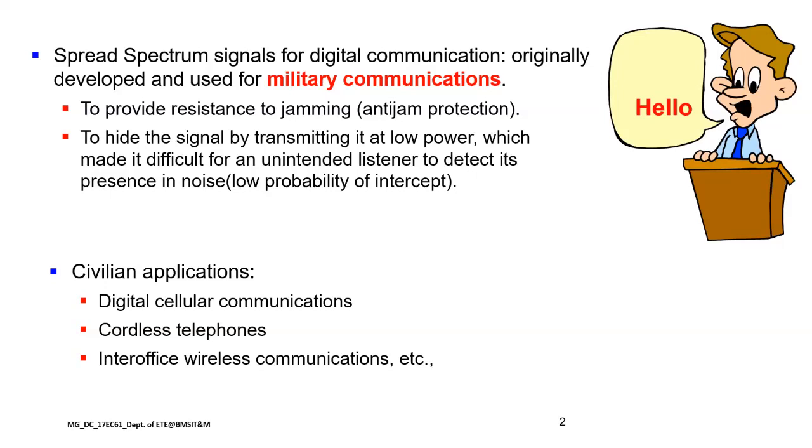In the case of spread spectrum communication, what are the characteristics of the spread spectrum signal? One is that the bandwidth of the spread signal will be much more than the bandwidth of the information signal.